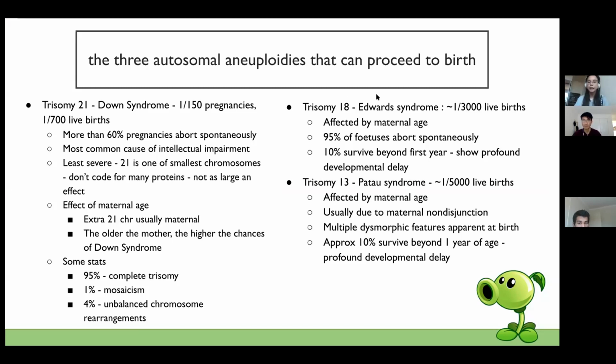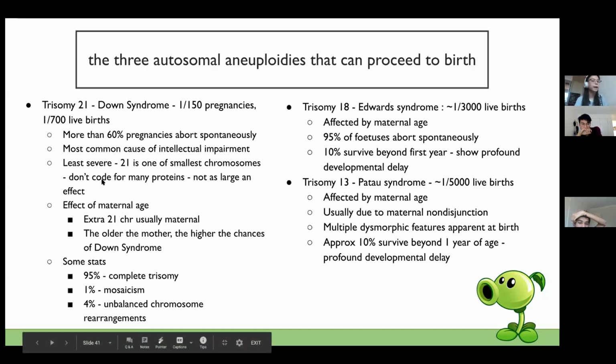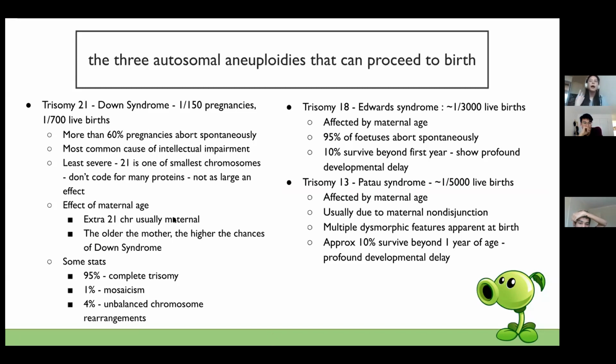Trisomy 18 and 13 will make it to birth, but the child will not make it past the first year. And even within the first year, there are profound developmental delays. In contrast, Down syndrome will be able to make it past the first year, even with the developmental delays and the impairments and the other symptoms associated with the syndrome.